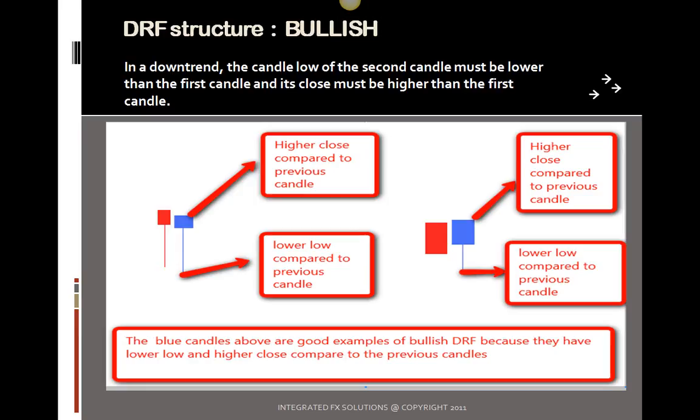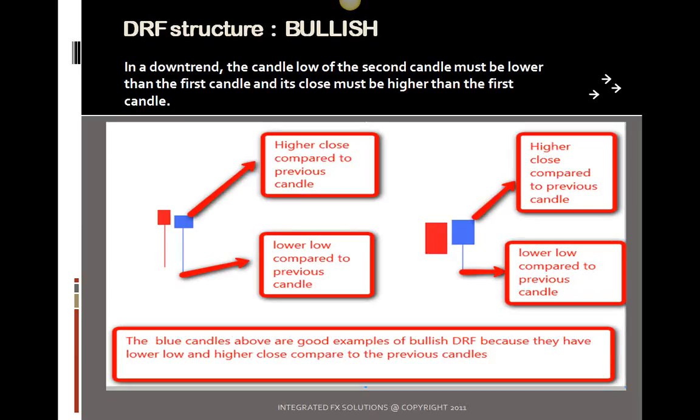For a candle to be a bullish DRF, we have to compare the candle with the previous candle, and if it meets the two criteria, then it's a bullish DRF. Looking at the first example as seen on the screen, we have two indecision candles. The first one is a bearish indecision candle, the second one is a bullish indecision candle.